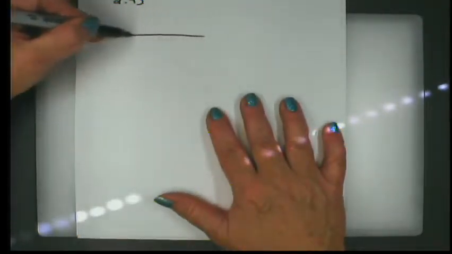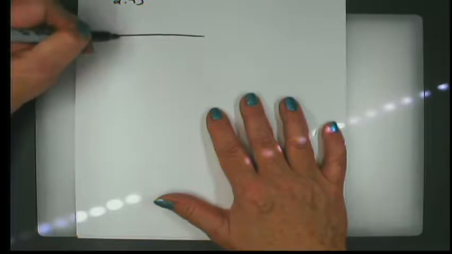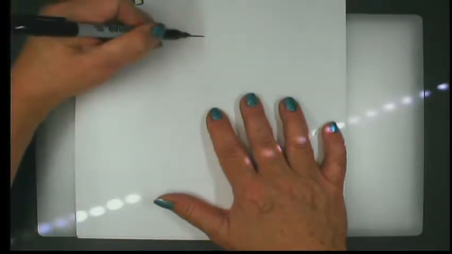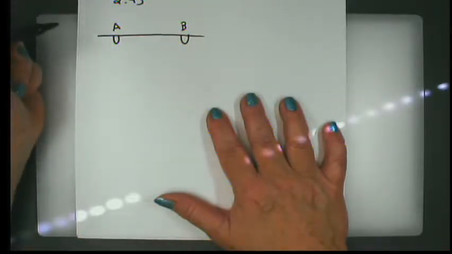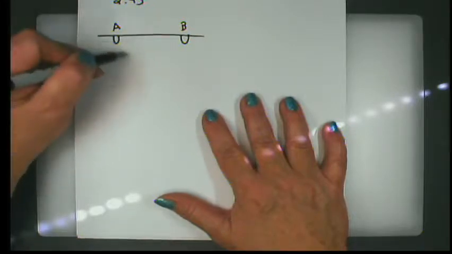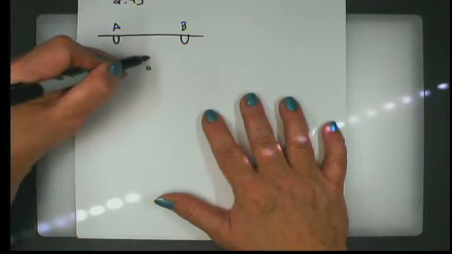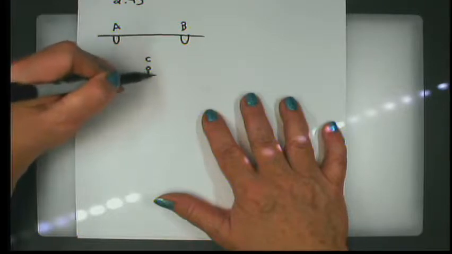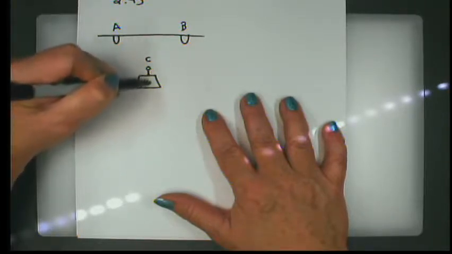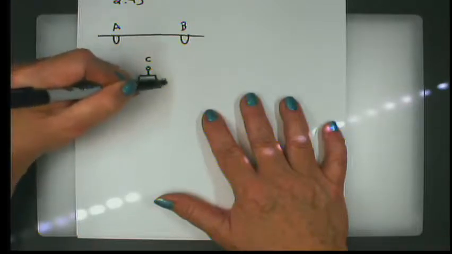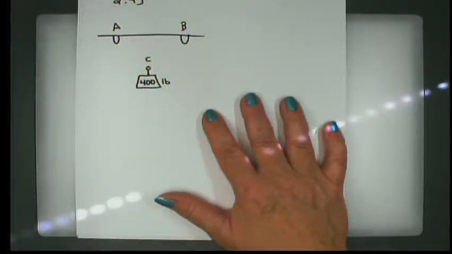We have two cables that are tied together, and they are connected up to the ceiling by brackets at point A and point B. And they meet at point C. And from point C, we have a weight suspended, and the value of that weight is 400 pounds.